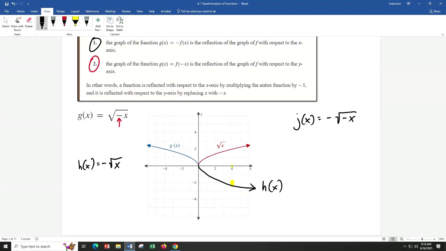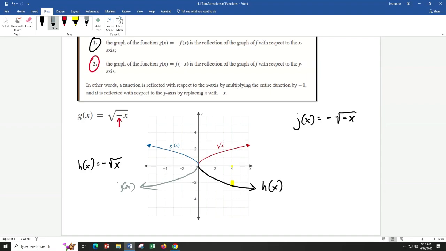The y. So you've got a reflection of a reflection. Or this thing would now turn into, let's do it in gray, that guy there. And that's going to be my j of x. Good?